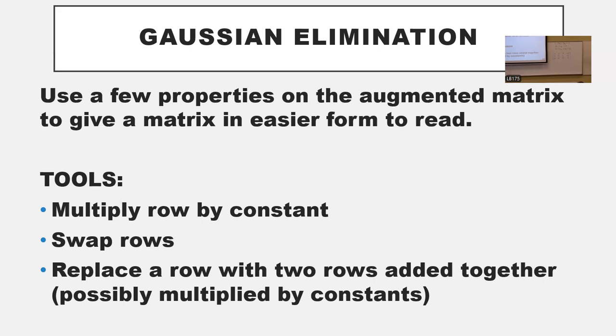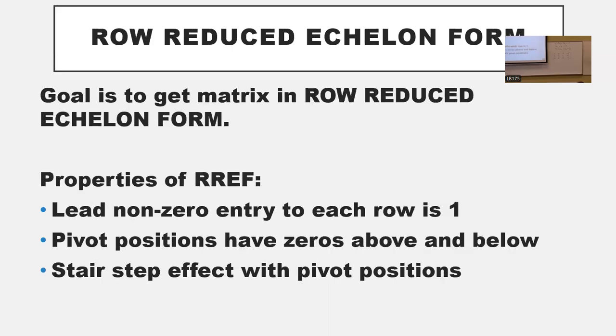And then once we understand that Gaussian elimination gives us systems with the same solution, we say, let's use the easiest system that I can. Let's use the easiest form of the matrix that I can use with equivalent solutions. And that's called the row reduced echelon form of the matrix.